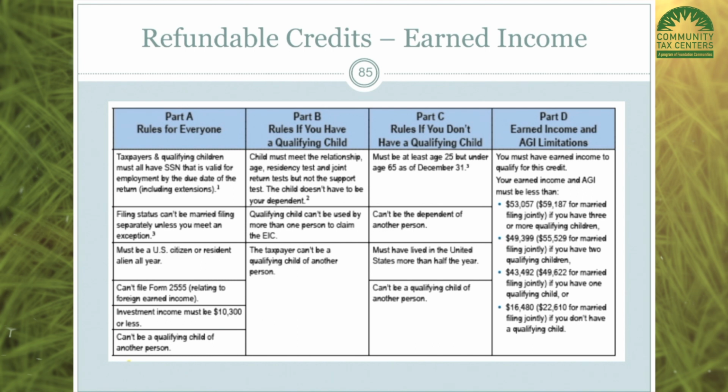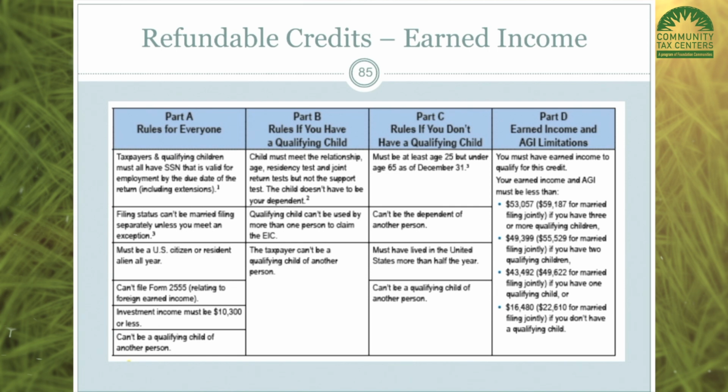So what are the income limitations to qualify? Your earned income, so that's that W-2 income, your self-employment compensation, as well as your adjusted gross income, so that's all income minus adjustments, must be less than $53,057 for any filing status with the exception of married filing joint, theirs is $59,187, if they have 3 or more qualifying children.